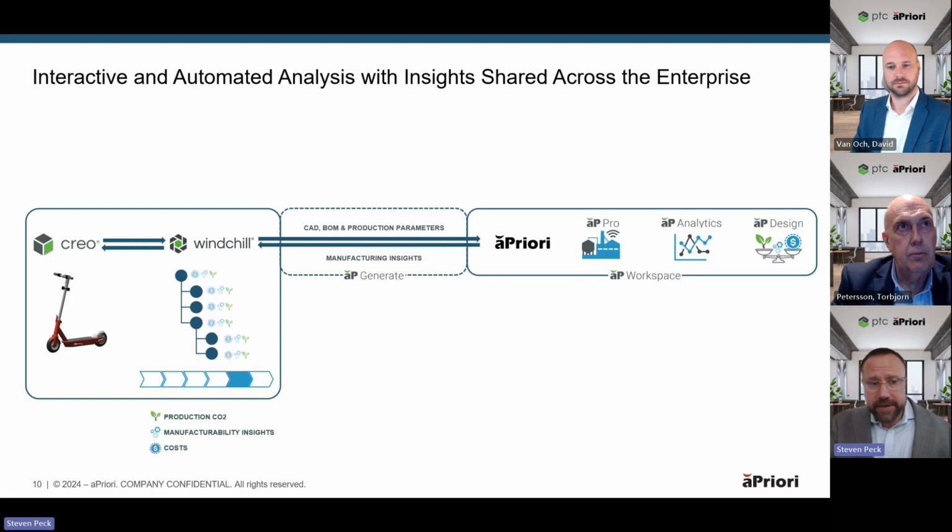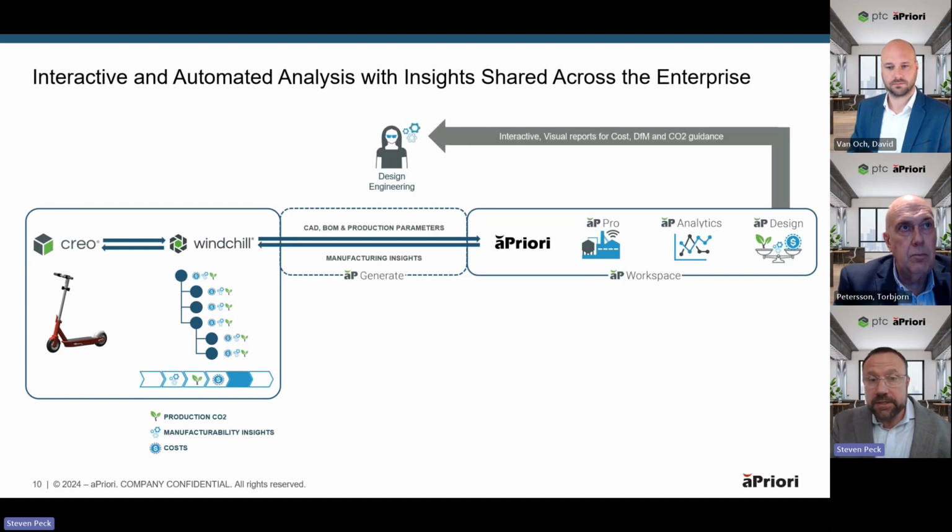So cost information, CO2 information, manufacturability scores, for example, so that it's now exposed throughout the enterprise and can be consumed to help with informing everybody at the earliest stages and making decisions that ultimately will lead to products being released on time and at targets.